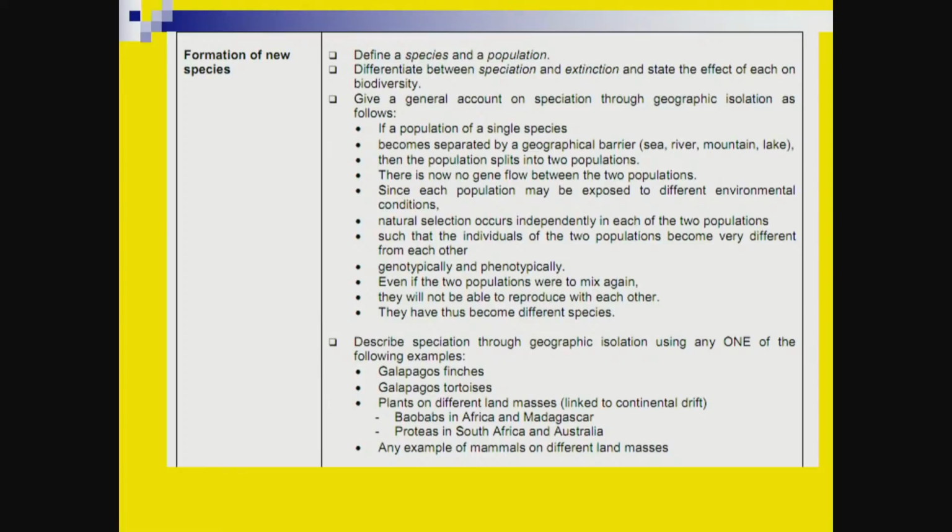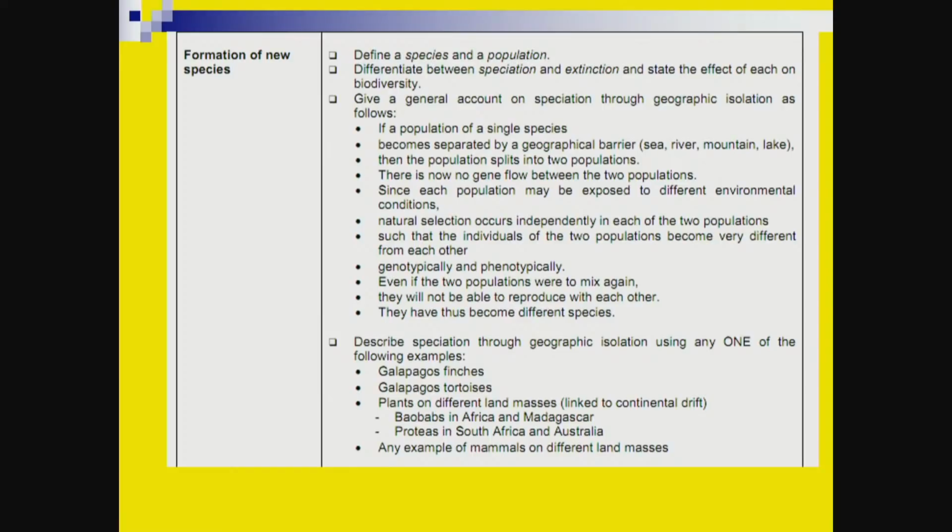Markers of Question Paper 2 will also tell you it's very difficult when speciation and natural selection are in the same question, usually question 3, and markers also get confused with the sequence in marking. So emphasize that there's a difference in the way we answer natural selection and the way we answer speciation, and there's a sequence when we answer it.